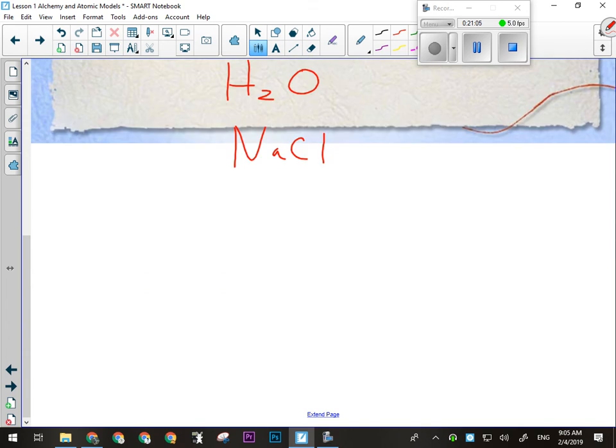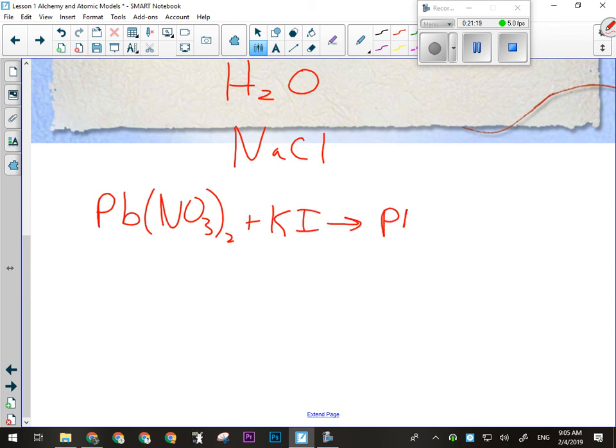When they saw a chemical reaction happen, like let's say this one, this reaction here involves mixing lead nitrate with potassium iodide.